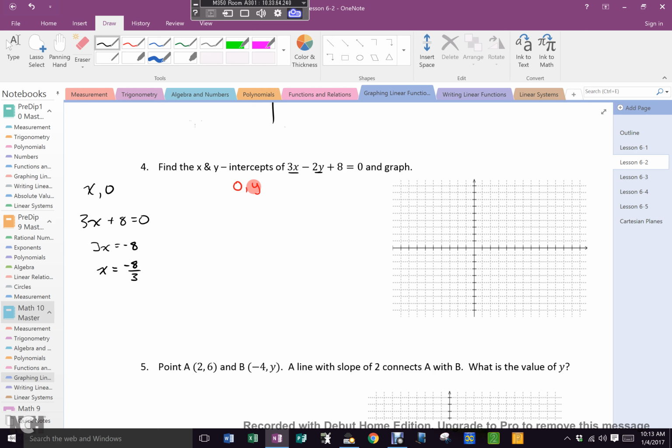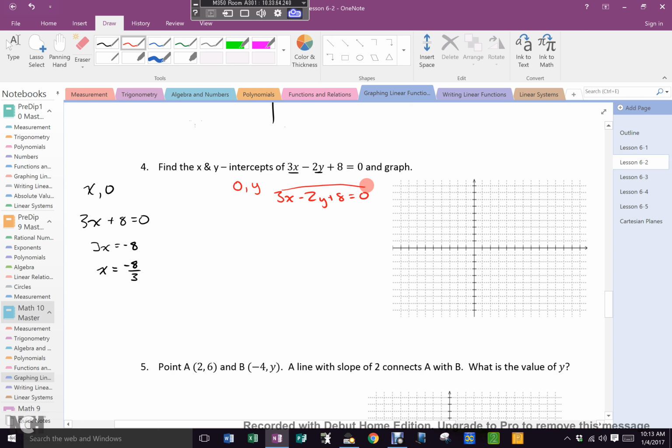It's the last number when y is by itself, right? So if I take this right here, 3x, oops, I'll do this one in red. Sorry, guys. If I take this, 3x minus 2y plus 8 equals 0, and I can get the y by itself, then I'll know the y-intercept, won't I? It's the number. So let's do that.